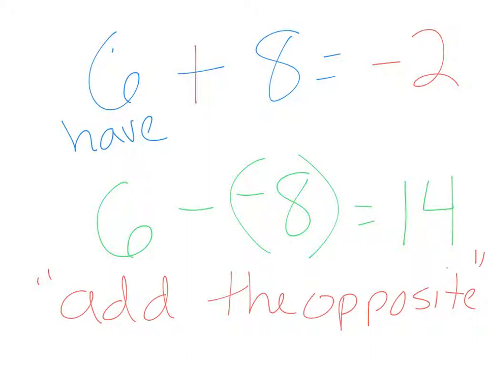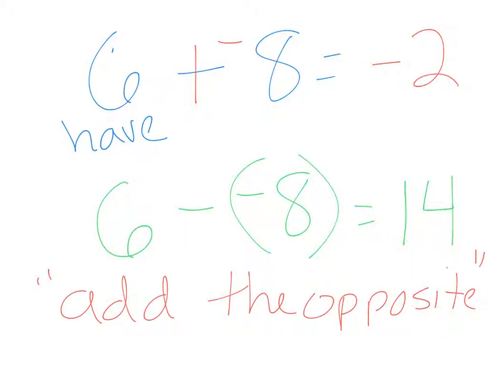That's what I mean by its opposite: the opposite of any positive is its negative, and the opposite of a negative is its positive. So in my first example, I changed that subtraction into addition, and in turn I change that positive 8 to a negative 8. So if we remember, add the opposite every single time, I'm changing it to addition and changing the second integer into its opposite sign. So positive changes to negative in that example.